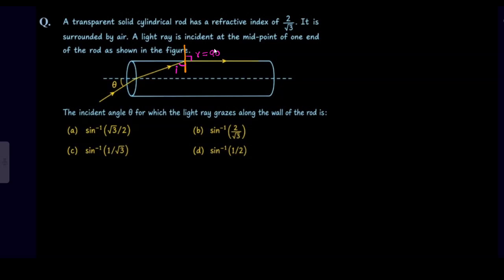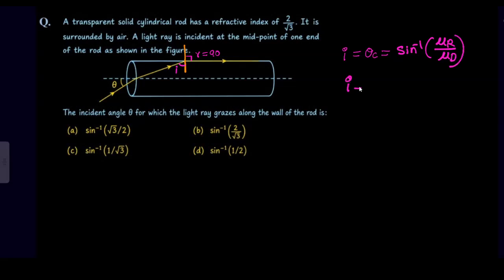Now, what can we do here? If we apply Snell's law, this I must be equal to theta c only. How much is the theta c value? It is sine inverse of mu r by mu d.